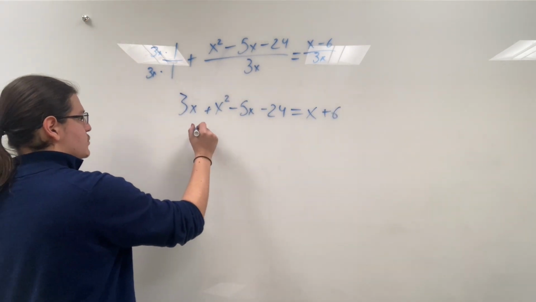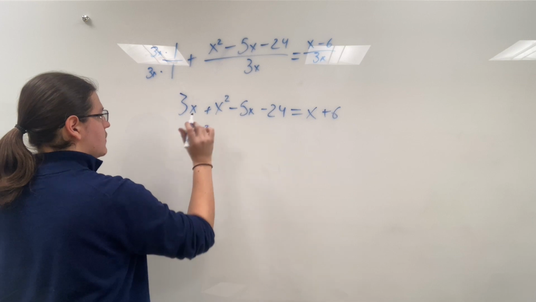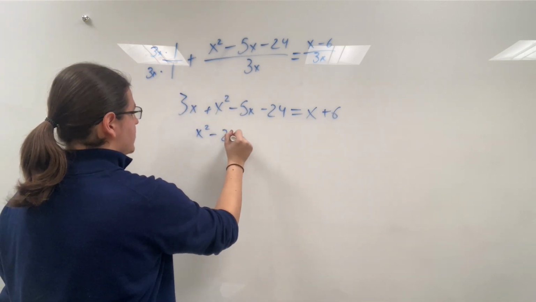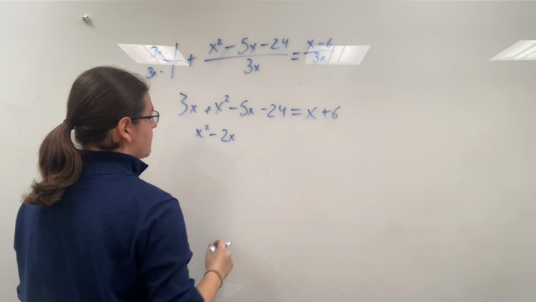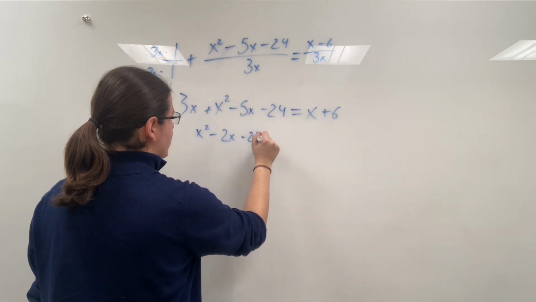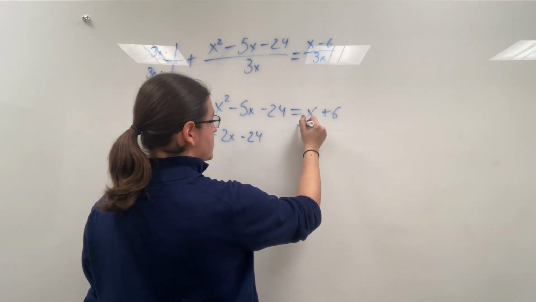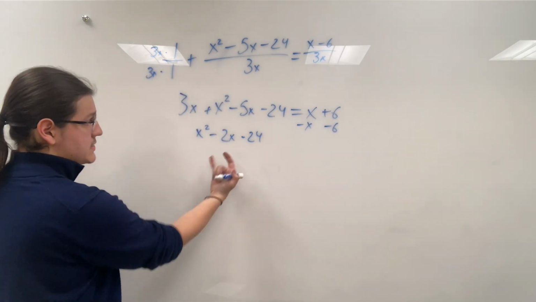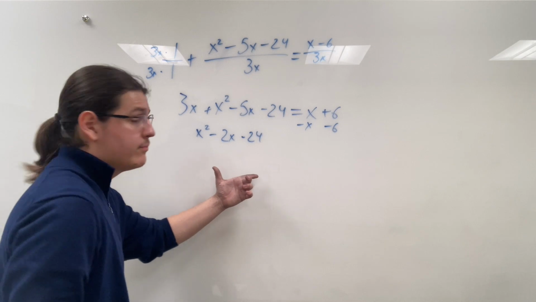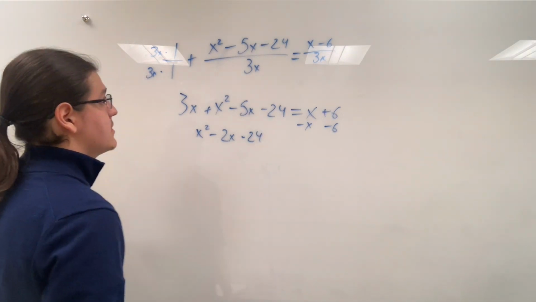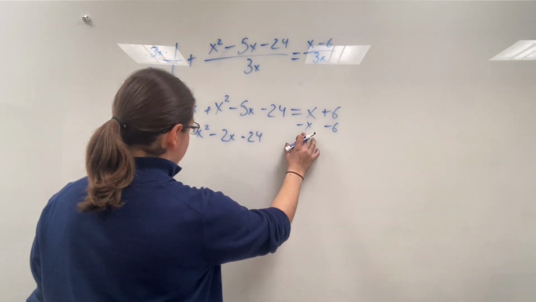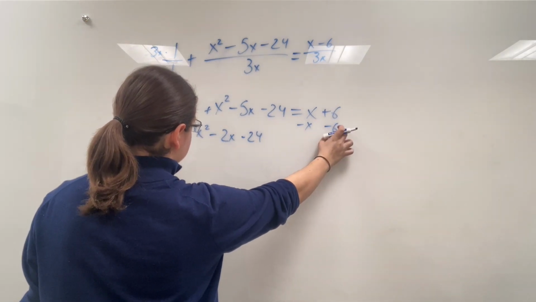We're going to have that x squared, 3 minus 5 minus 2, minus 24. Remember, we're also going to get these over here, minus x, minus 6, because as we can see, we're going to get a quadratic polynomial, which we can factor.